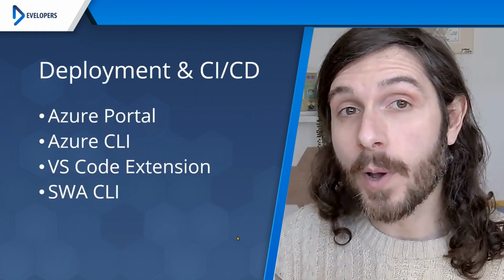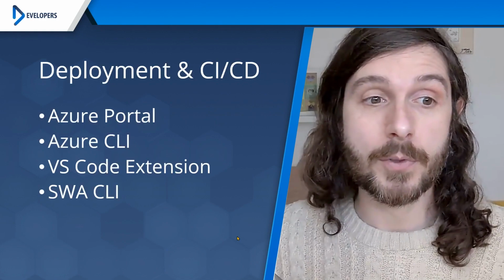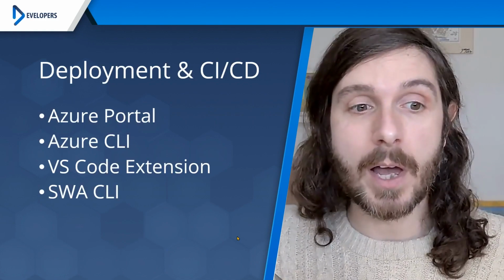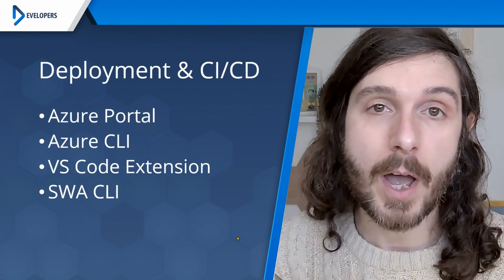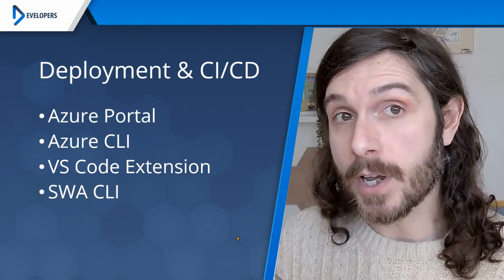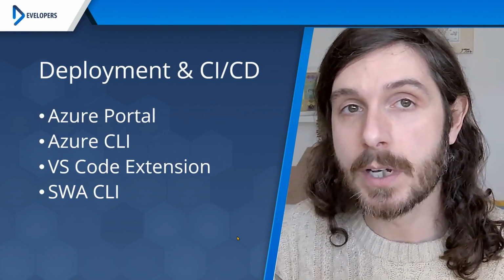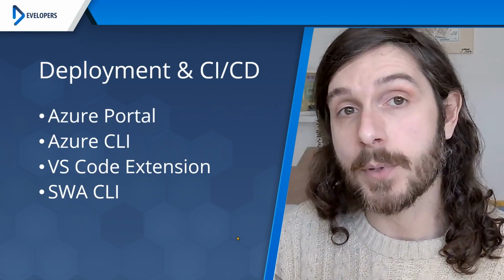Now, once you're ready to deploy, it's super simple. There's great command line integrations that you can set up through Azure CLI or the Static Web App CLI, or use the VS Code extension as well. Of course, you can configure things through the Azure portal. Now, one of my favorite features of Azure Static Web Apps is the seamless continuous integration and continuous deployment that's built right in.